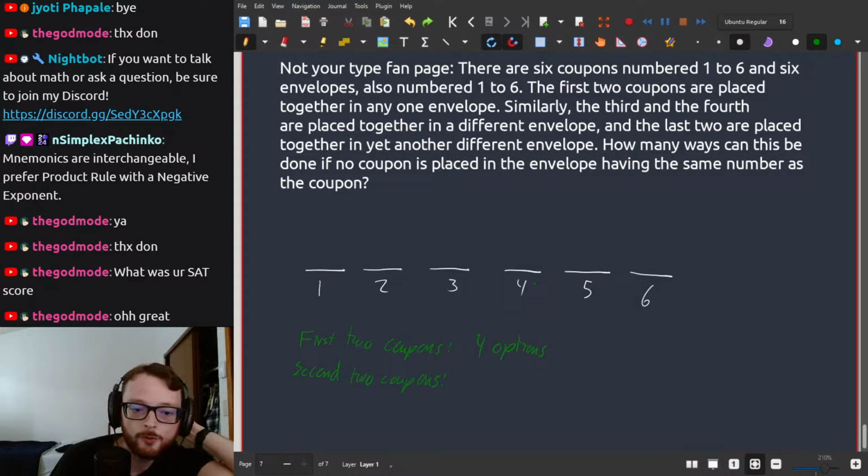So if we live in the world where there's probably a more elegant way of doing it. I'm not that good with combinatorics, so I just do caveman. The second two coupons, they either have 4 options or they have 3 options.